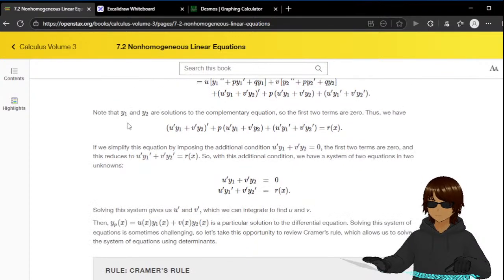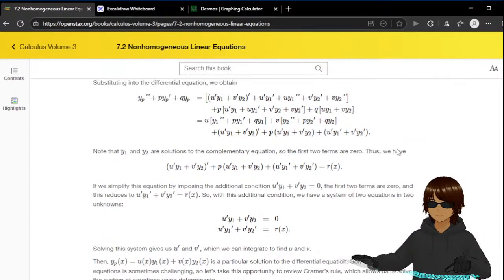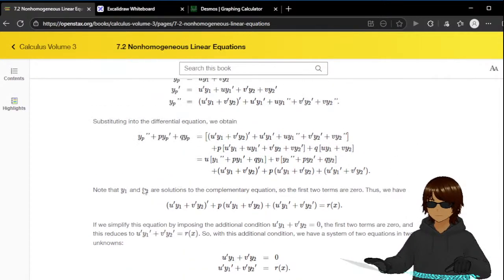And note that y1 and y2 are solutions to the complementary equation, so the first two terms are 0. Thus, we have, why are the first two terms 0? Hold on. First two terms are 0. So they mean this and this, because y1 and y2 are solutions to the complementary equation. Oh, I see.